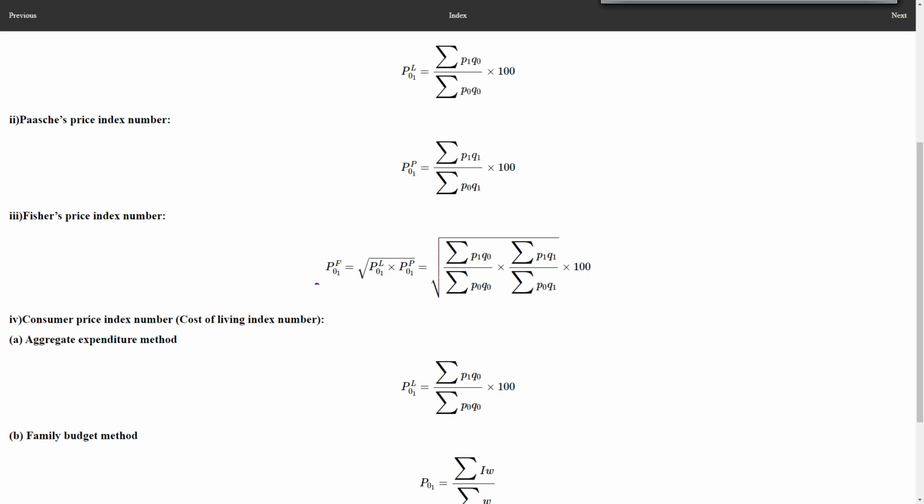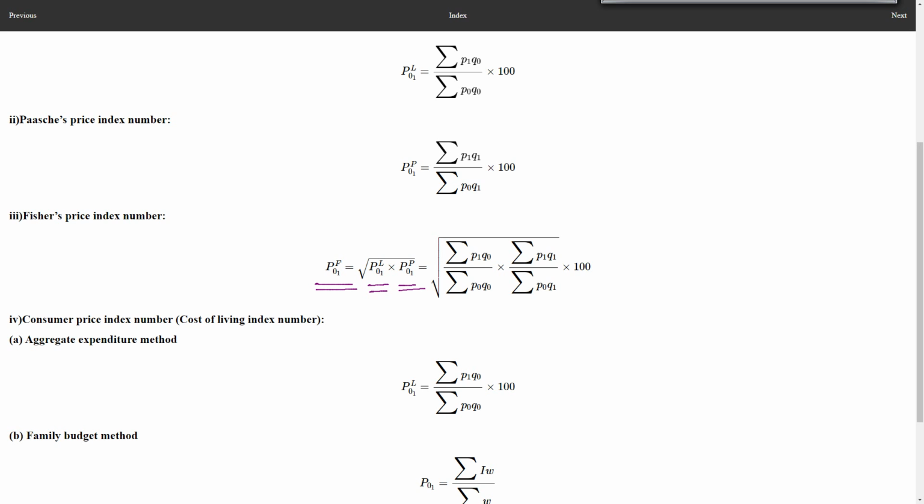Fisher's price index number is denoted by P01F, and it is equal to the geometric mean of Laspeyres price index number and purchase price index number.